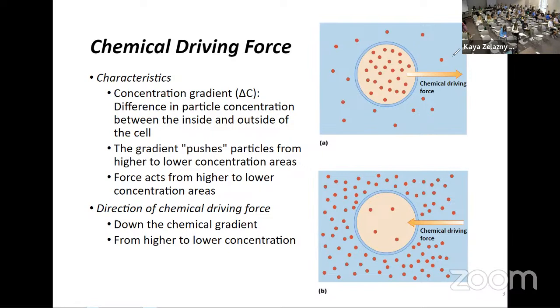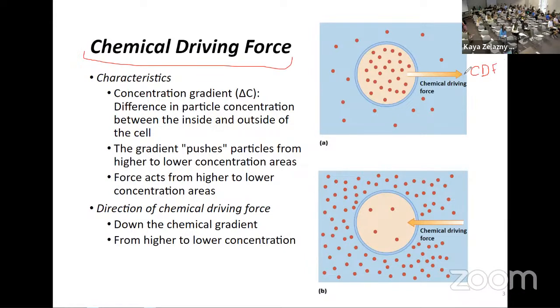These concentrations are separated. Okay? So essentially, this gradient is just pushing towards wherever the lower concentration is. So we always go high concentration to low concentration for our chemical driving force, which we will refer to in the future when we're abbreviating as the CDF.